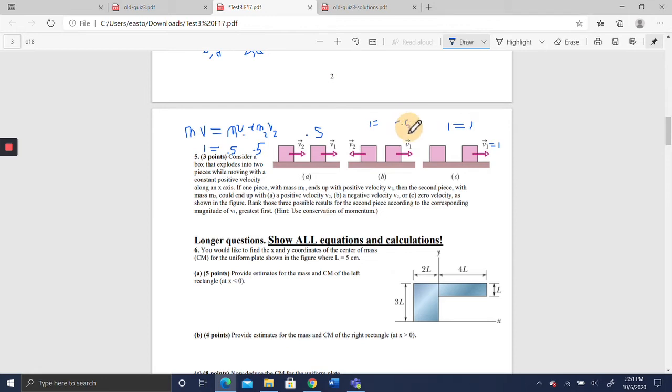And that means this one has to be 1.5. So we have 1.5 and 1 and 0.5. So we have B, C, A.